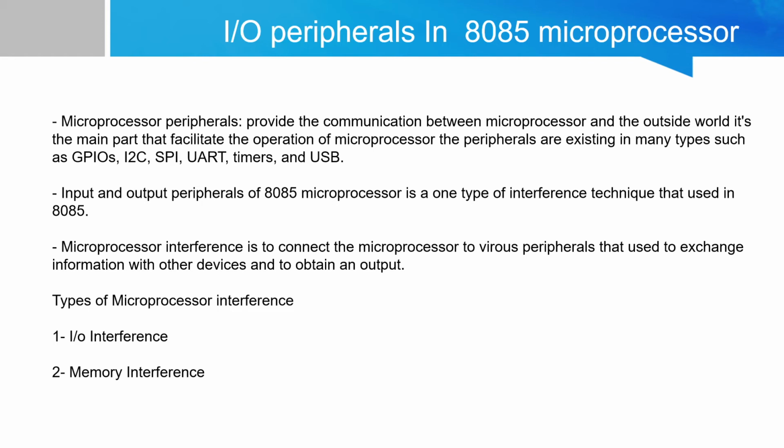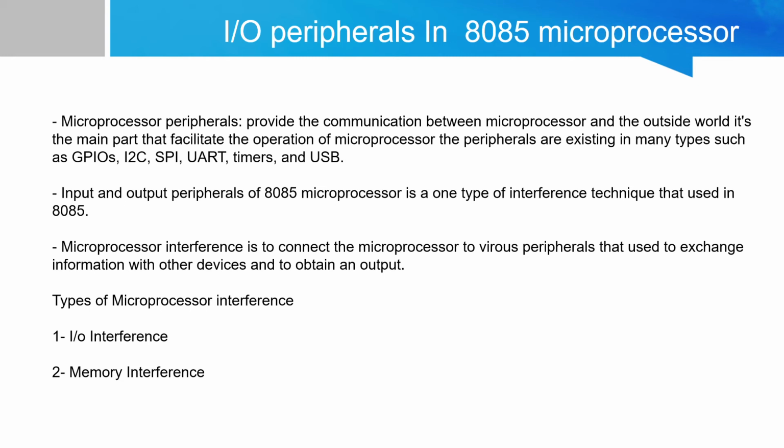Input and output interfacing of the 8085 microprocessor is one type of interfacing technology that is used in the 8085. Microprocessor interfacing connects the microprocessor to peripherals, used to exchange information with other devices and to obtain an output.